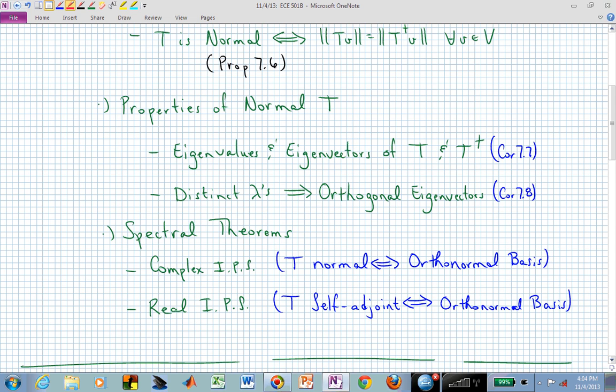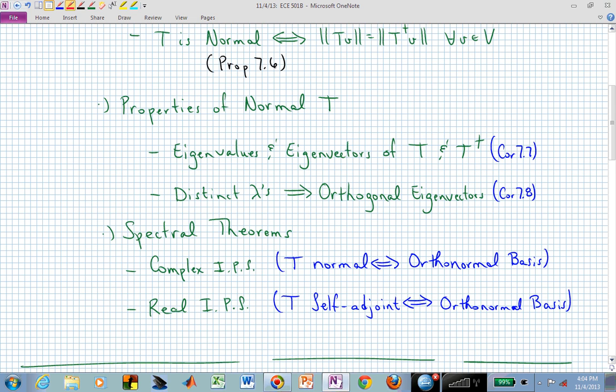That then leads us into the spectral theorems, and it really is easier to talk about these in two contexts. One, if you're playing in a complex inner product space, and the other is when your inner product space is real, or the field of numbers that you're living with is real. For the spectral theorem on the complex inner product space, you have this if and only if result.